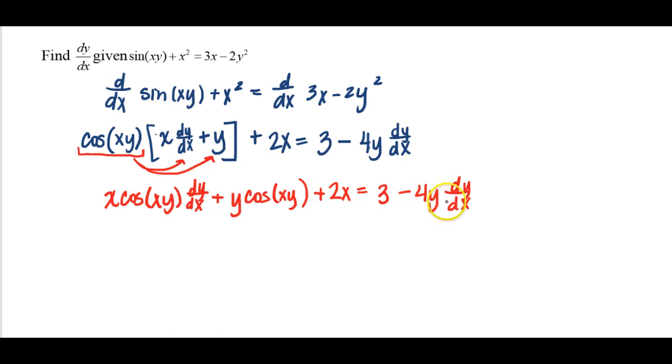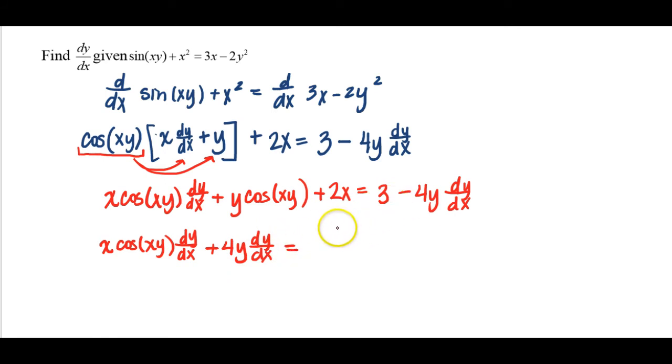So we need to get all the stuff with dy dx on one side. So I'm going to go ahead and add the 4y dy dx. I'm going to leave x cosine xy dy dx, that whole thing, and I'm going to add 4y dy dx. So all the dy dx's are on the left.